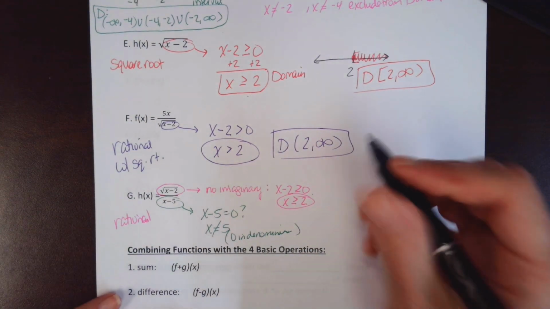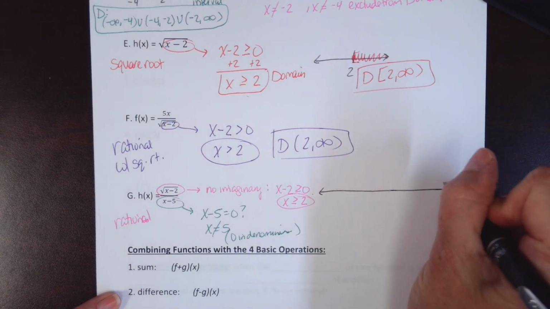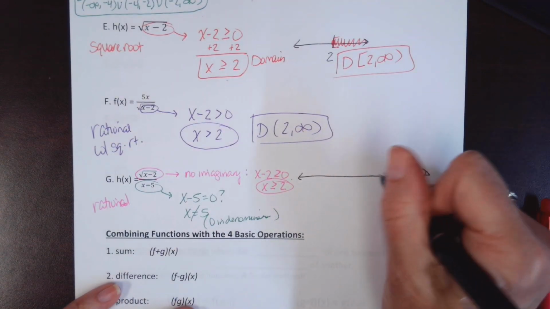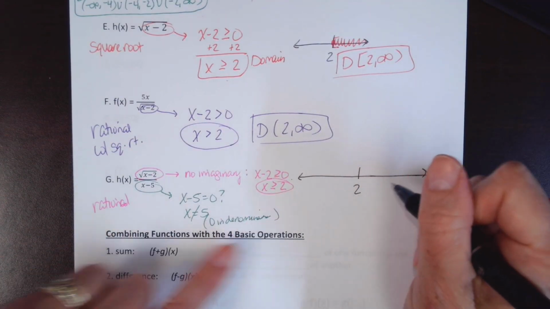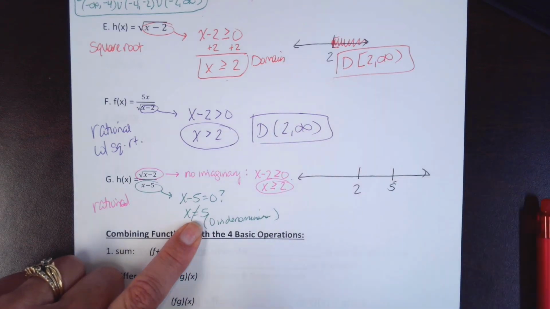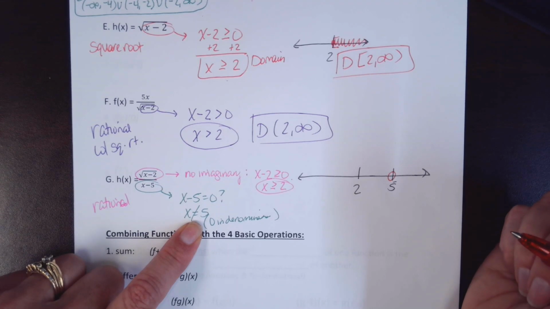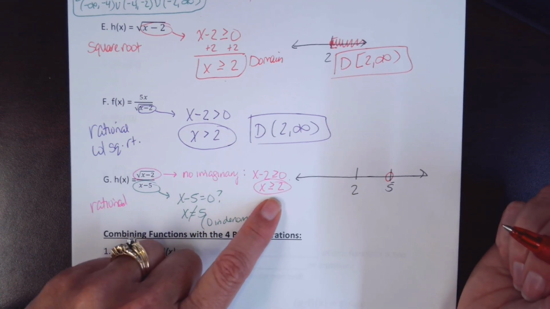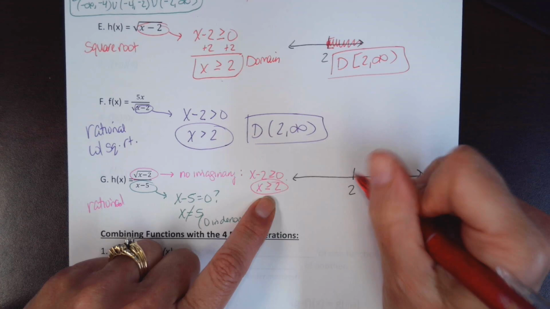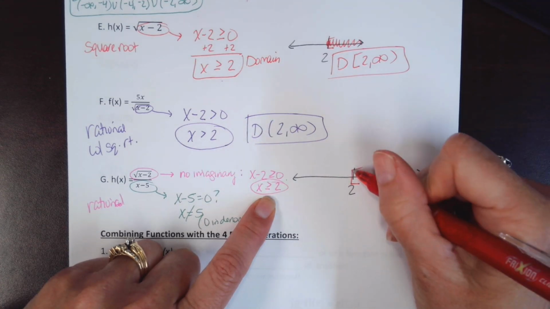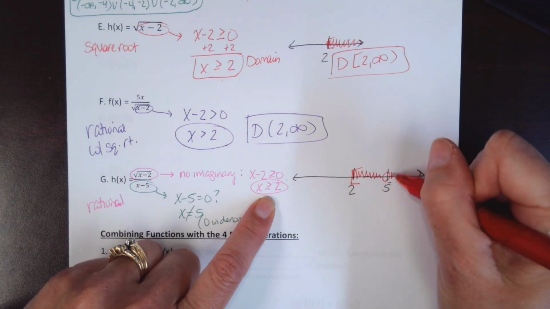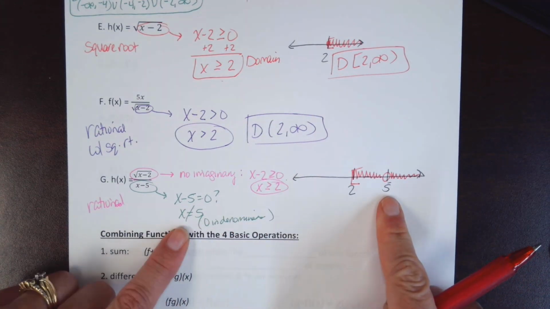In order to put those together and make sense of those, we need a number line. I'm going to put a 2 on there, and I'm going to put a 5 on there. Now I know that I can't use 5, so that's going to be an open circle. And I know that my x values have to be greater than or equal to 2. So I'm moving from 2 to the right, but I gotta jump over 5 because I have to exclude 5.